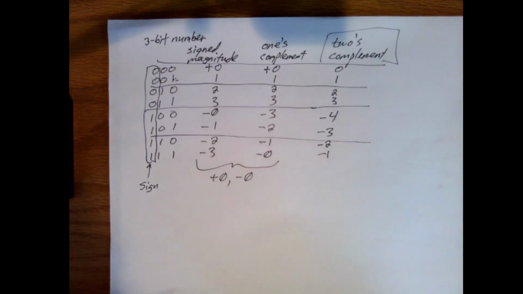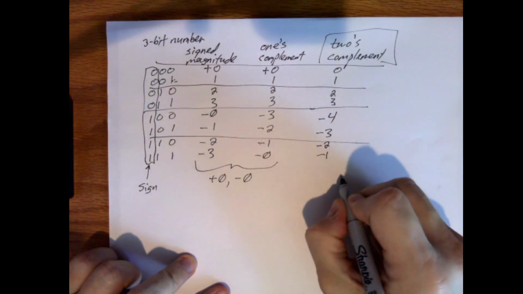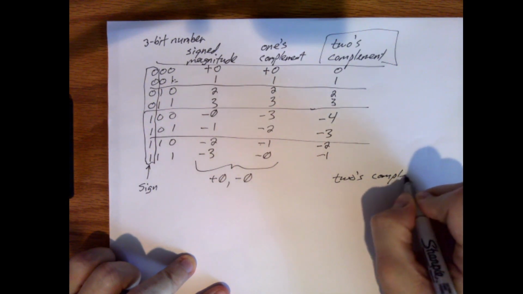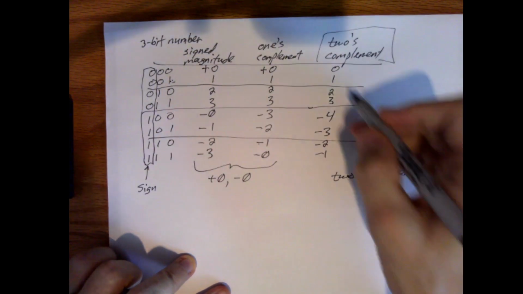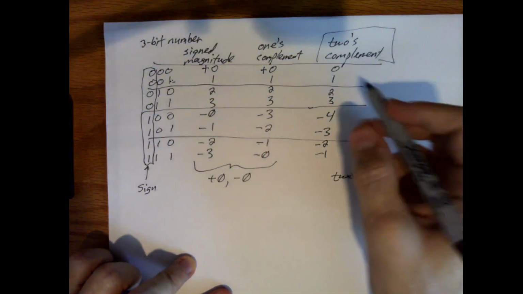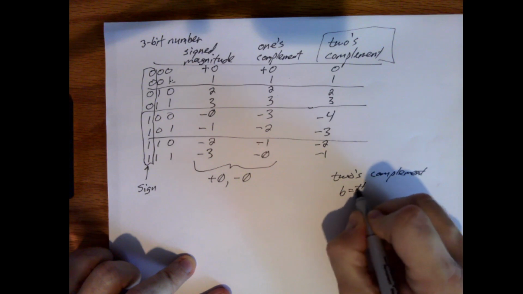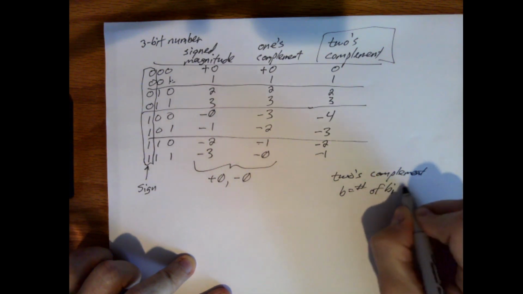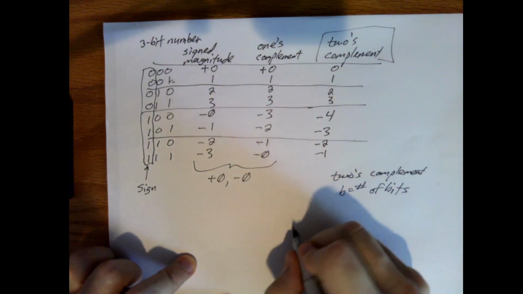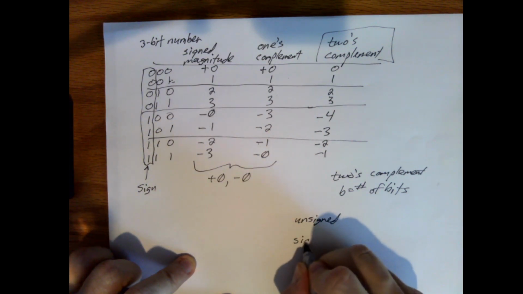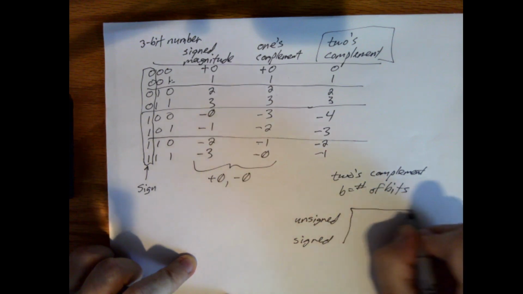So what's the range of values that I can represent? If we're using 2's complement, if we look at the values here and try to recognize some patterns, and we'll say B equals number of bits, then if it's unsigned or signed, we'll produce a table here.